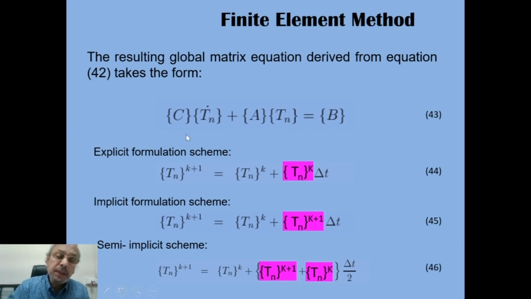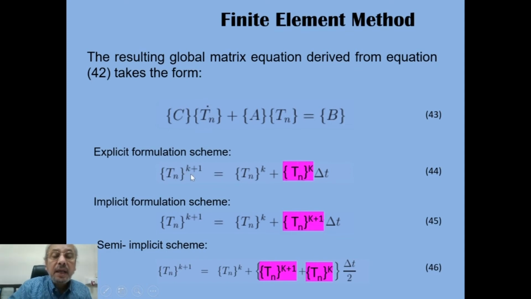In order to solve this equation, we can go for an explicit formulation. Since the mass lumping concept has been used, here we can write basically T k plus 1 minus Tk by delta T, where k is the time level.